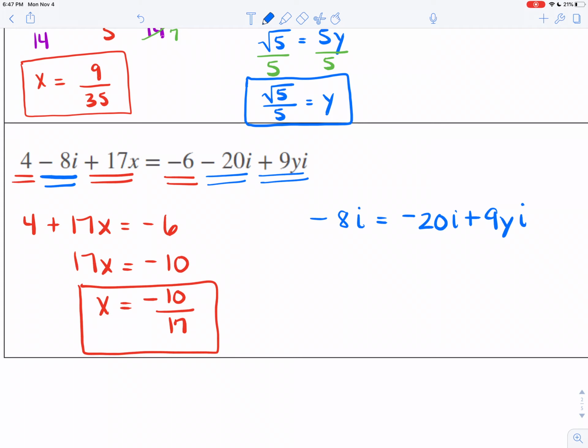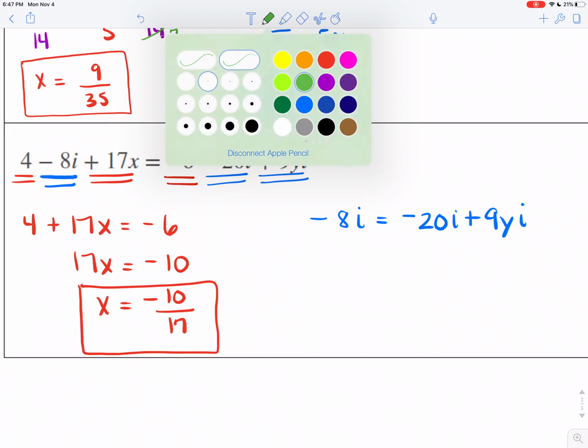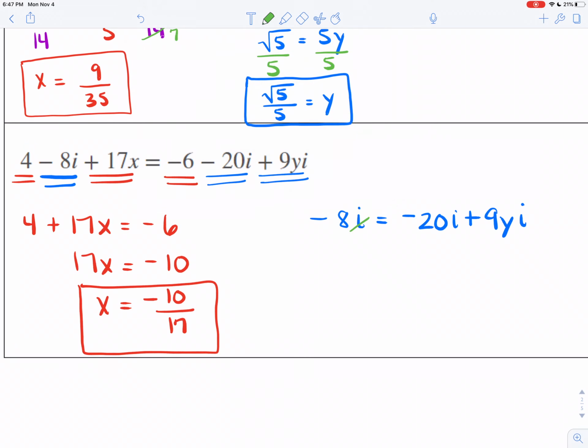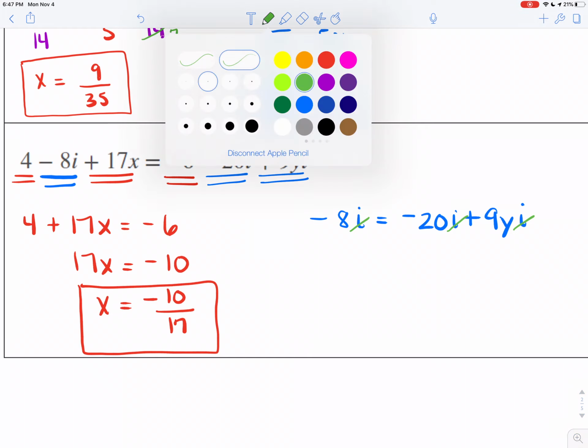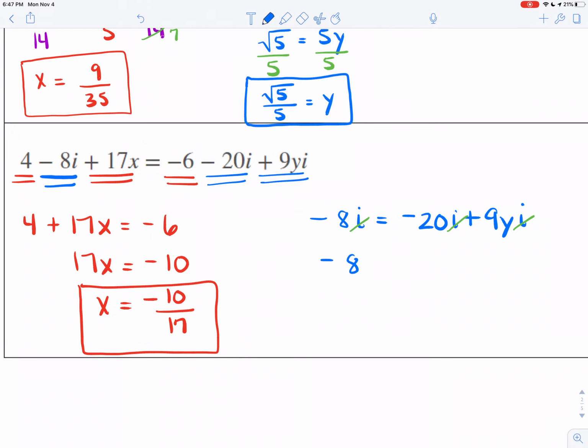Again, when you set these two things equal to each other, the imaginary units are going to divide out because they're present in each term. And so my equation would be negative 8 is equal to negative 20 plus 9y, and then I can solve.